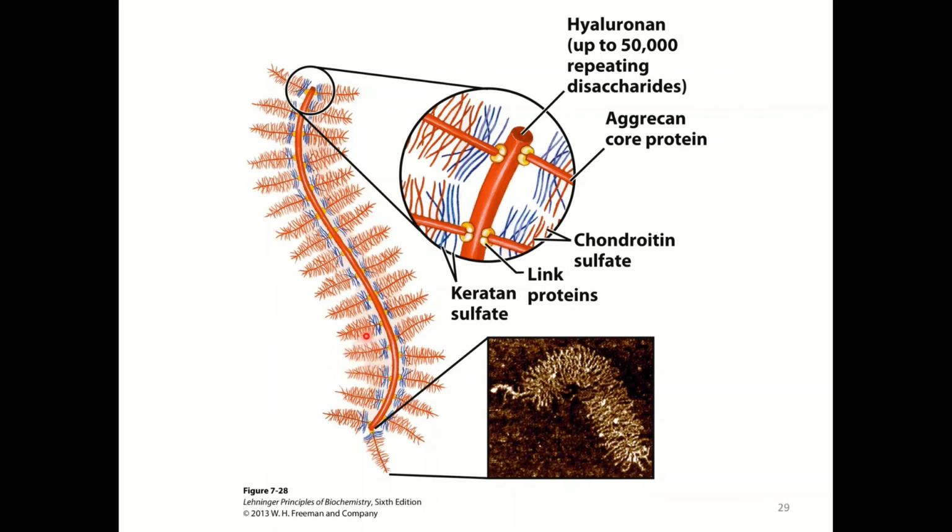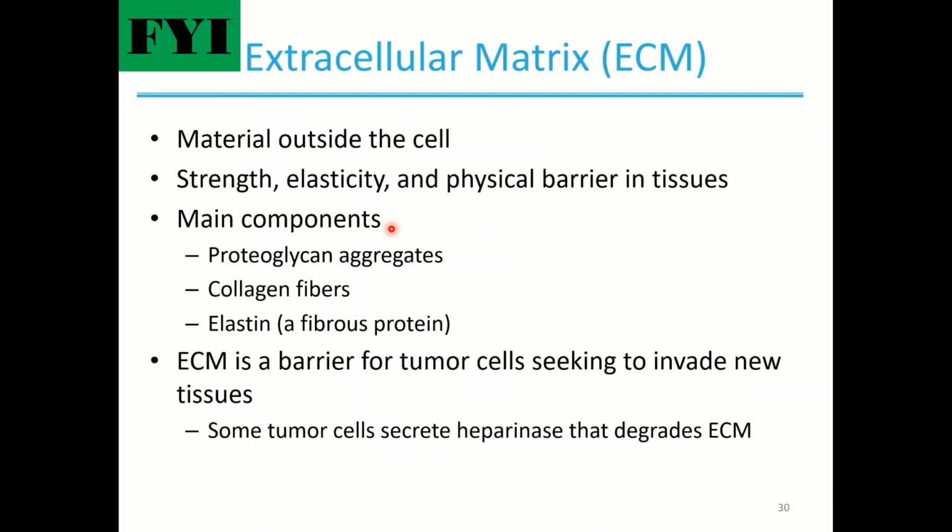And if you have these in that joint space with a lot of water around them, you're going to have a very low friction material that can slide back and forth and actually help cushion as well. And this makes up part of the extracellular matrix.